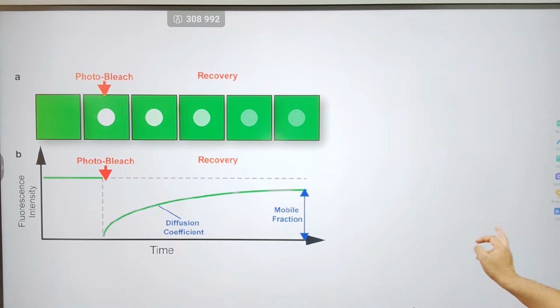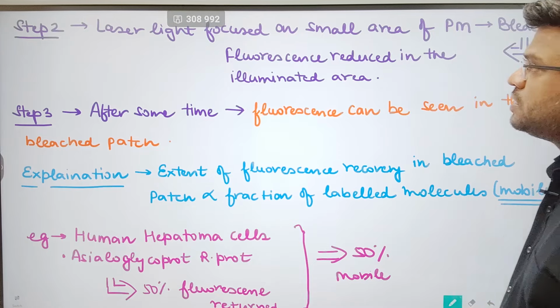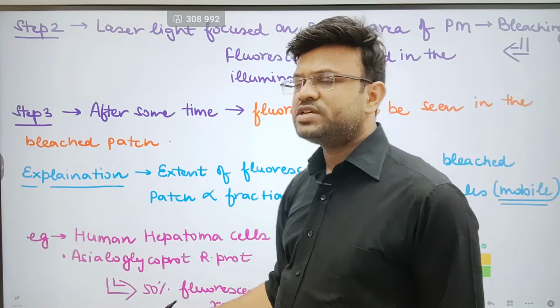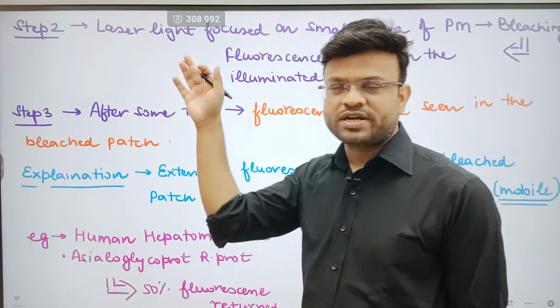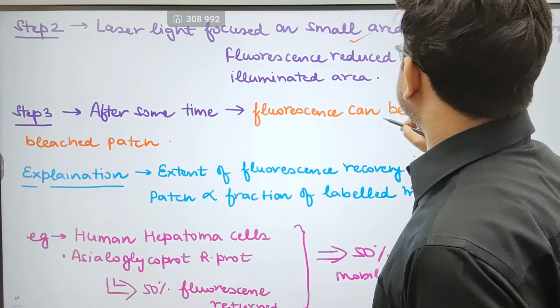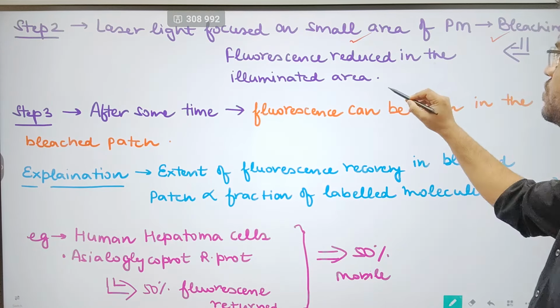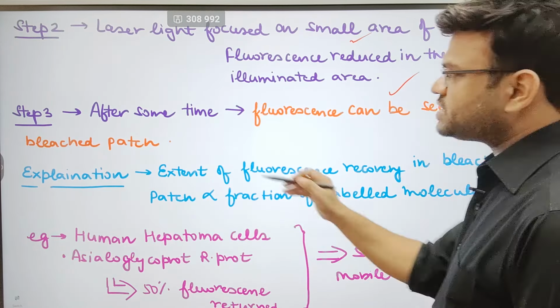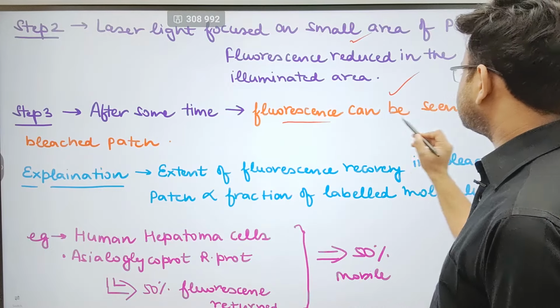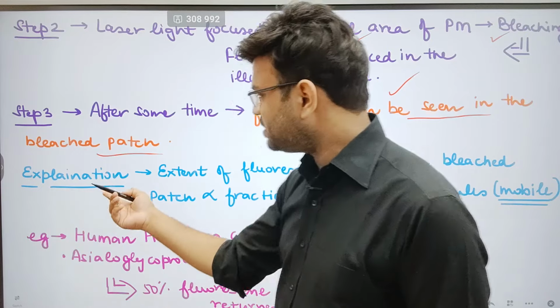Okay, now let us move to the next point. Step 2: I have already discussed all of these steps through the diagrammatic representation, so let us quickly move through them. Step 2, laser light was focused on a small area and it caused bleaching to that area. Fluorescence was reduced in the illuminated area. Step 3, after some time fluorescence can be seen in the bleached patch because recovery started happening.